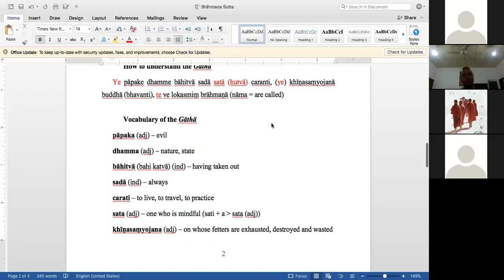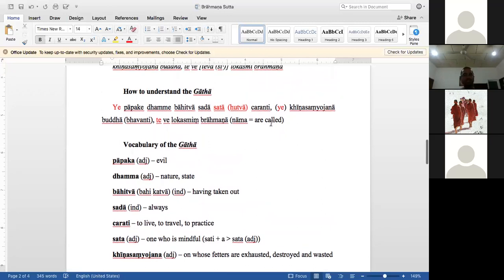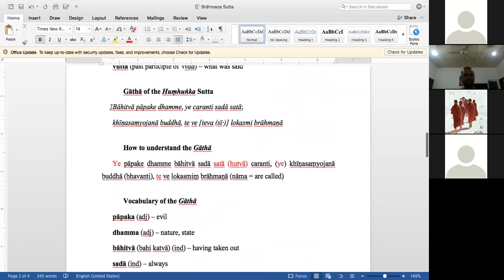So this is what the stanza says. Because it was a simple gatha, I tried to explain it. Hope you got the idea. What he wants to say is that a person is not a Brahmin because of clan or anything else. Those who have removed the evil deeds and wander, having become mindful, who have exhausted the fetters and who are enlightened, they are the real Brahmins in this world.